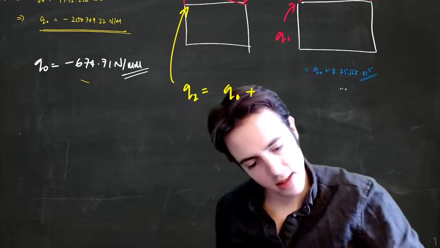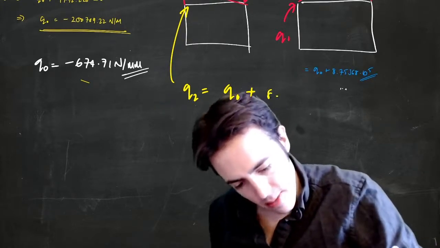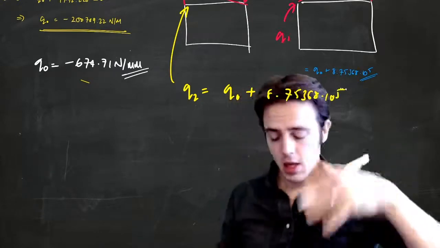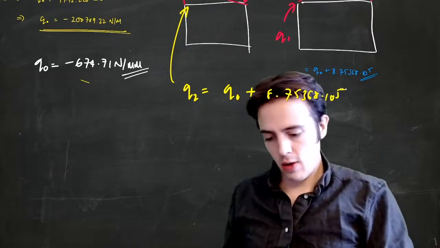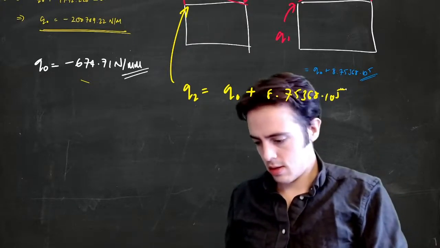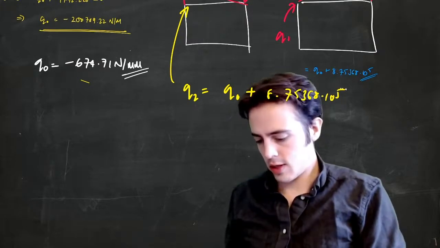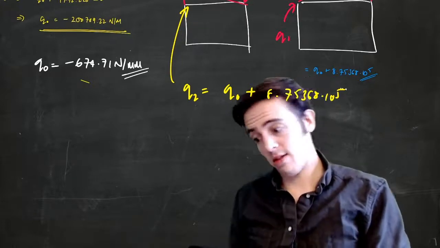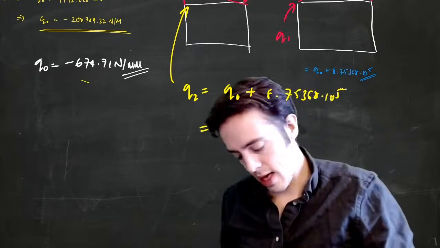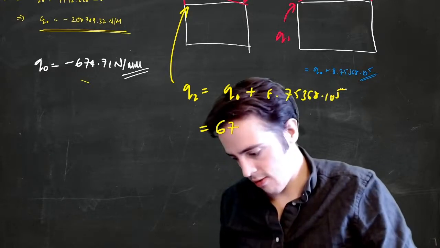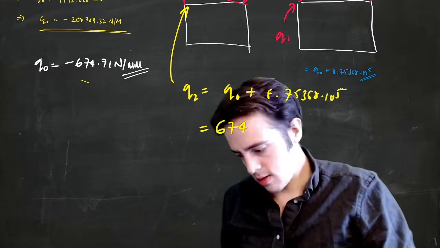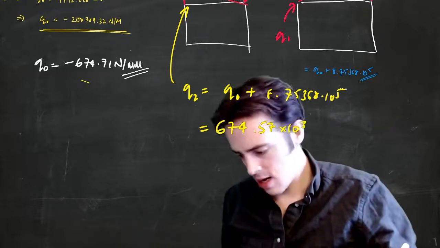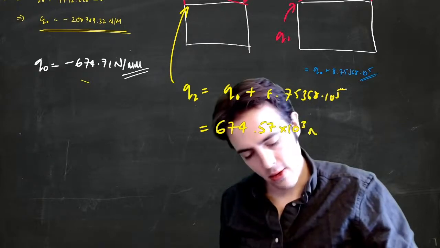Okay, so that's my answer here. 8.75368 times 10 to the 5. So let's just do minus 200,789.22 plus 8.75368 times 10 to the 5. Yes, that gives me 674.57 times 10 to the 3. Yes, okay. Newtons per meter.